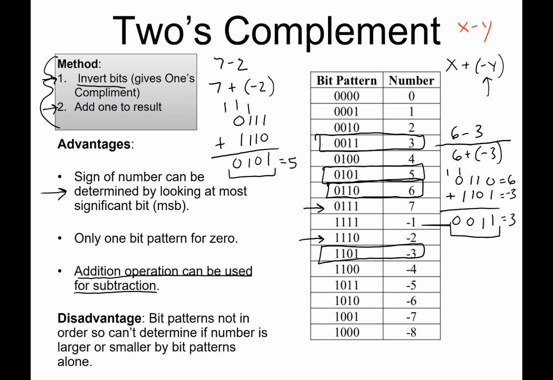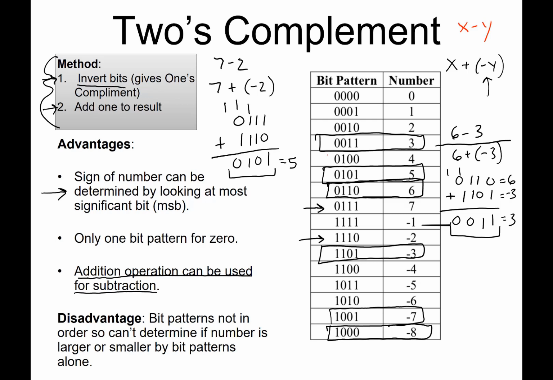The only disadvantage of twos complement is that we can't determine if the number is larger or smaller based on the bit pattern alone. If we just eyeball these numbers, like let's say we look at the bit pattern for -8 and -7, just eyeballing this, it's hard to tell which number is larger or smaller.